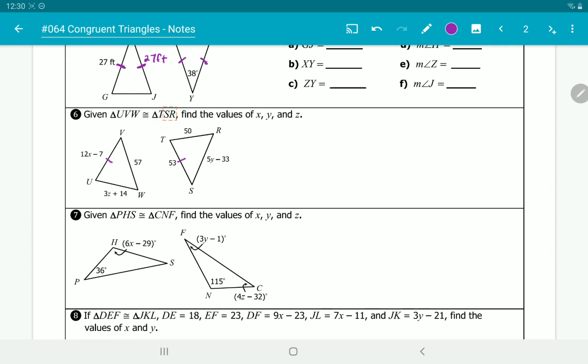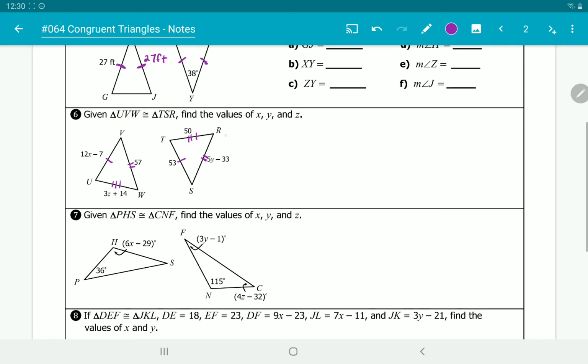Okay, so let's do the last 2 letters, VW and SR. So VW is this one, SR is this one. And then we can do the first letter and the last letter of both of them. So UW, 3 tick marks, and then TR, 3 tick marks. So if they have the same number of tick marks, then they're the same or equal to each other.